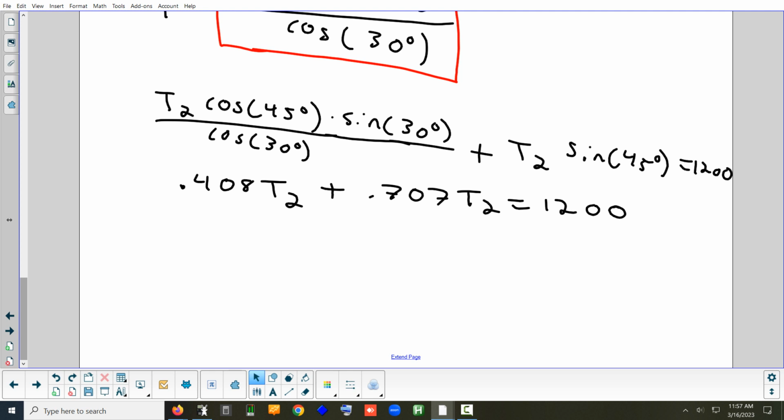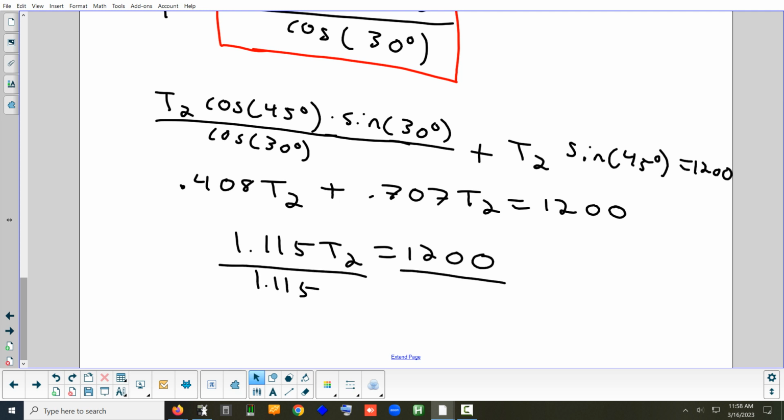Okay, what would we do now? Add 0.707 to 0.408. Yep, we need to add those up. What do you get when you add those two together? 1.115 T2. And my last step. Yep.